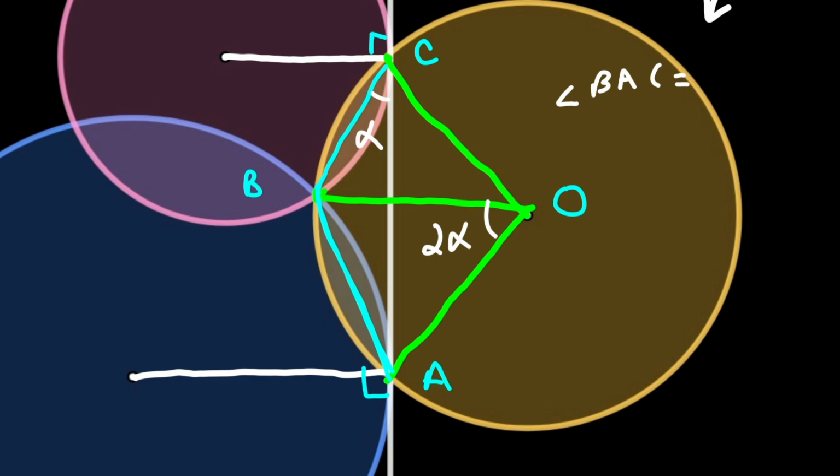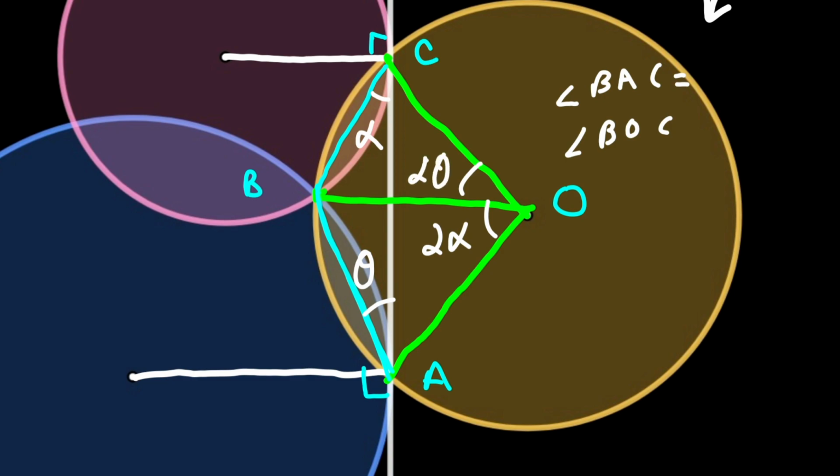Hence all the criteria for the theorem are satisfied here. So if I take the angle subtended by this chord at the circumference, that is the angle BAC, as a variable theta, then the angle subtended by the same chord at the center, that is the angle BOC, would be equal to 2 times theta.